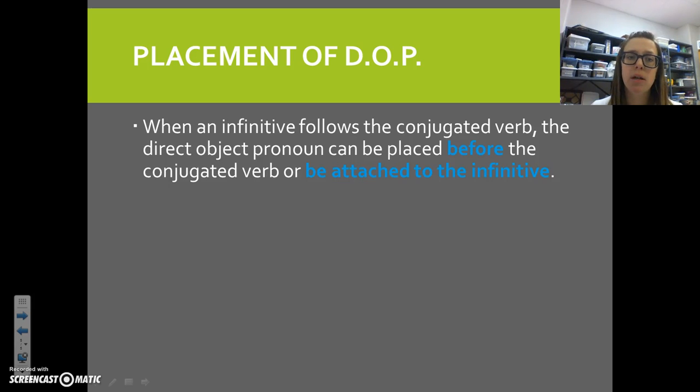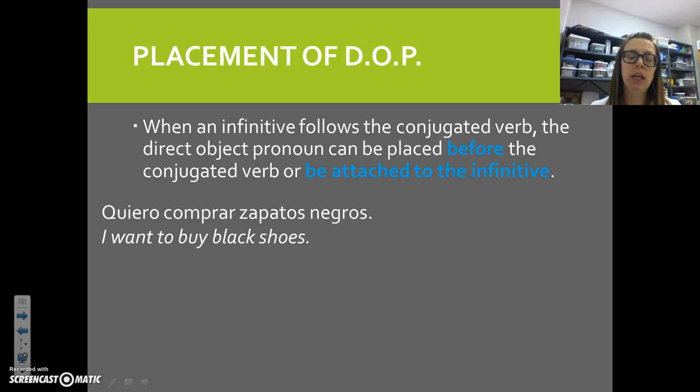Okay. When an infinitive follows the conjugated verb, the direct object pronoun can be placed before the conjugated verb or be attached to the infinitive. Okay? So, quiero comprar zapatos negros. I want to buy black shoes.